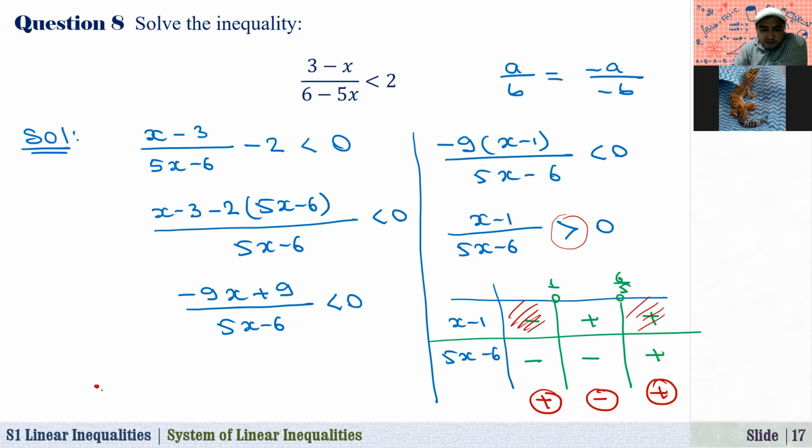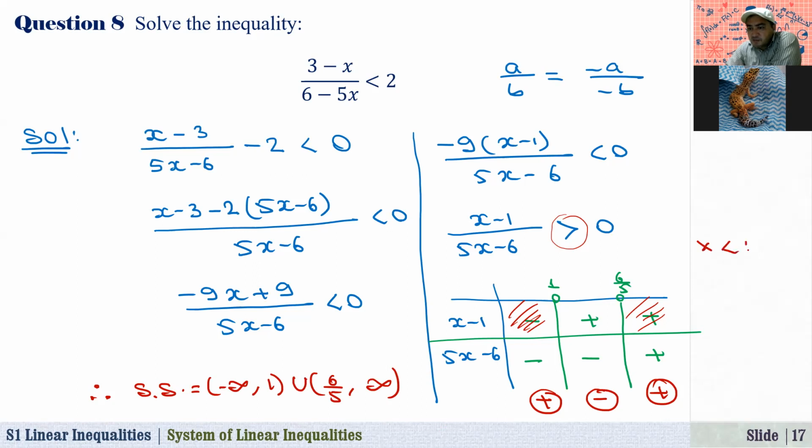So I can just write here, the solution set will be from -infinity to 1 union from 6 over 5 to positive infinity. Or as an inequality, what is it? X is less than 1, or x is greater than 6 over 5. That is the solution of this inequality.